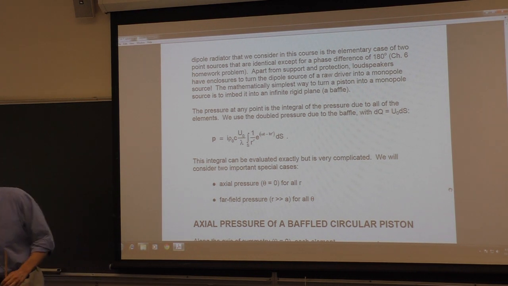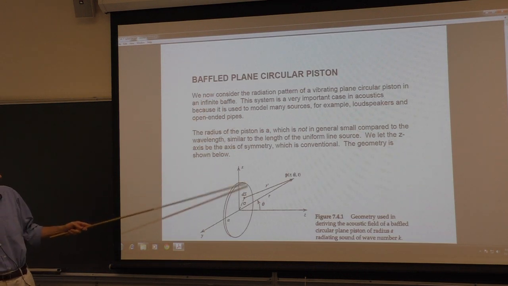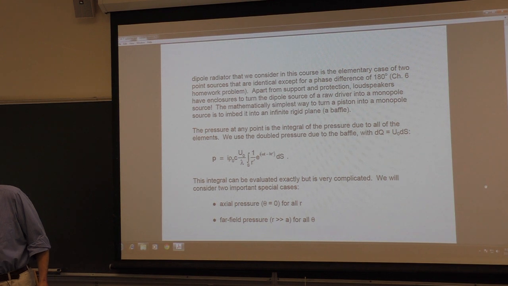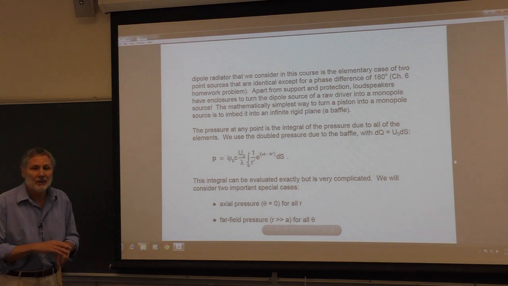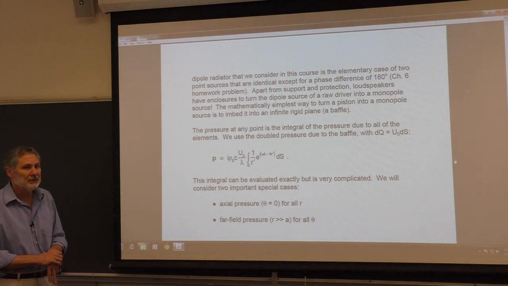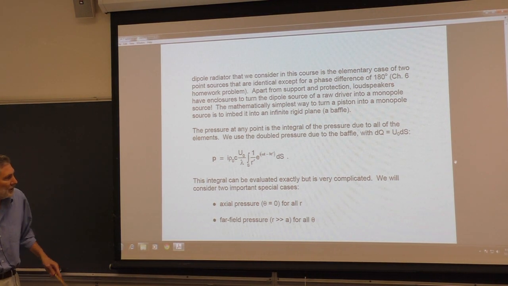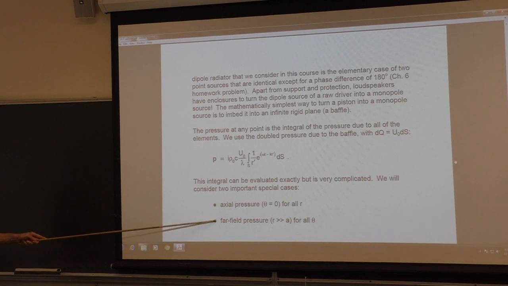That corresponds to theta equals 0. And we want to do it for any value of r. We're not going to make the assumption of a far field, and you'll see there are several reasons why we're doing that. We'll be able to just start this today.